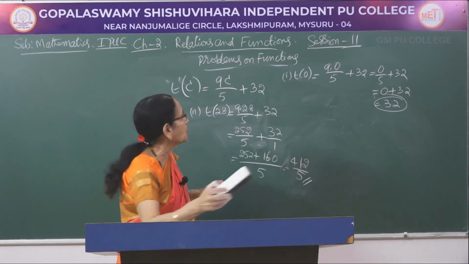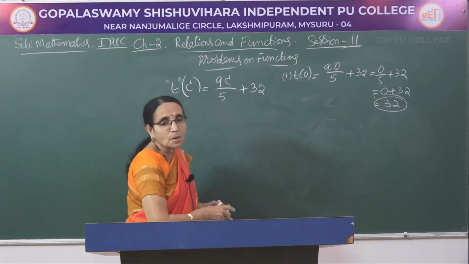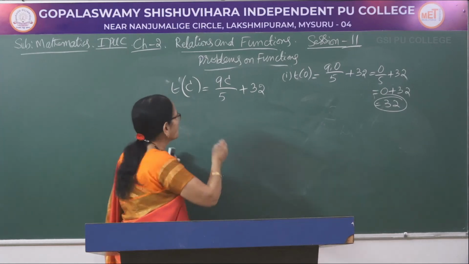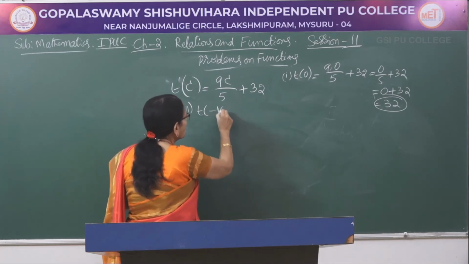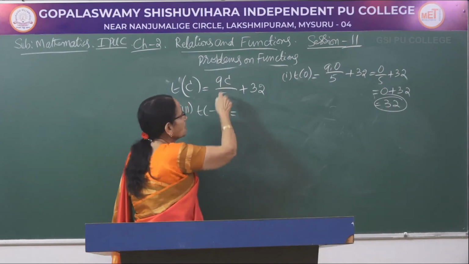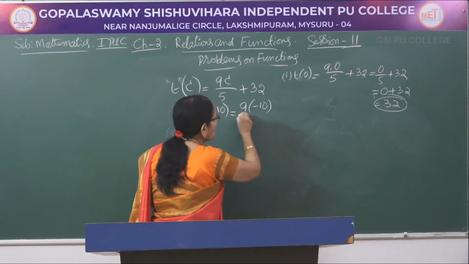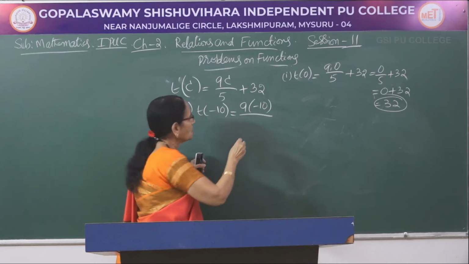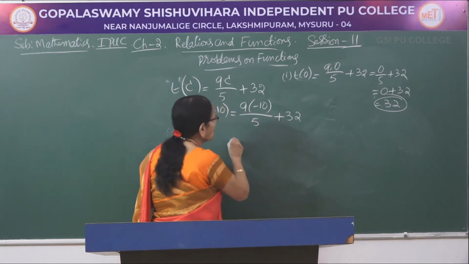Now, what is the next value we have to calculate? T of minus 10. I am giving you a negative number, that is the third one, T of minus 10. So give C the value minus 10. Negative number means be careful, write it inside the bracket, divided by 5 plus 32.